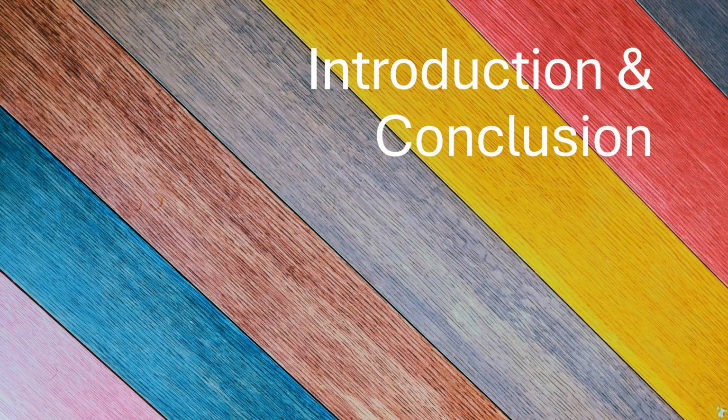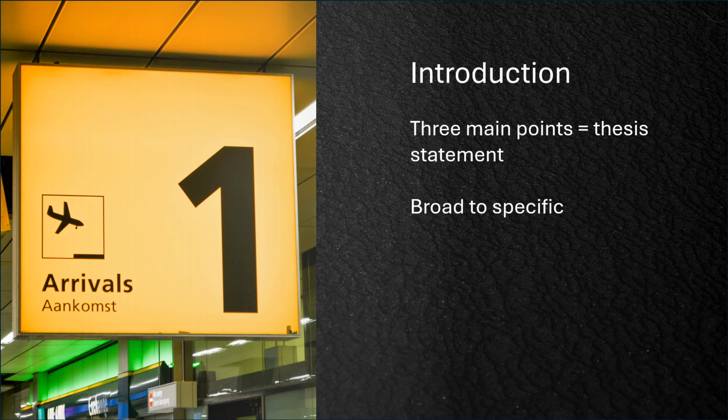Now you've got your argument unpacked, it's time for the intro and conclusion. Students sometimes feel that these sections are throwaway bits, but remember, together they make up 20 to 30% of your essay, so they can significantly impact your final mark. Have a read through your body paragraphs again and highlight your 2 to 4 main points.